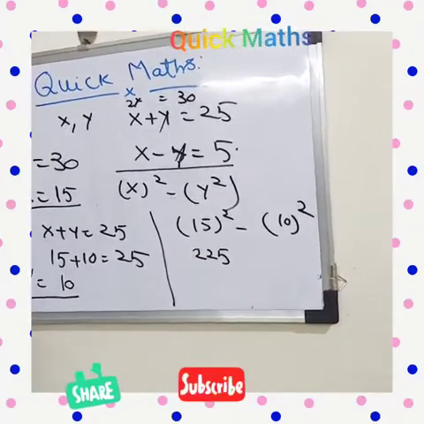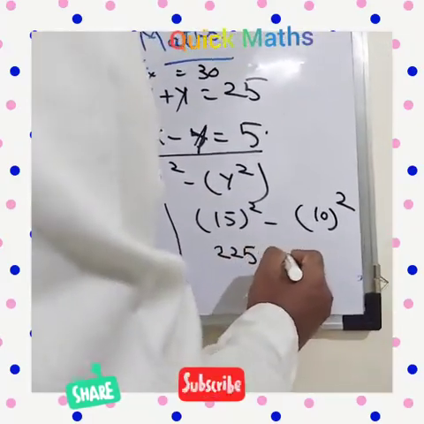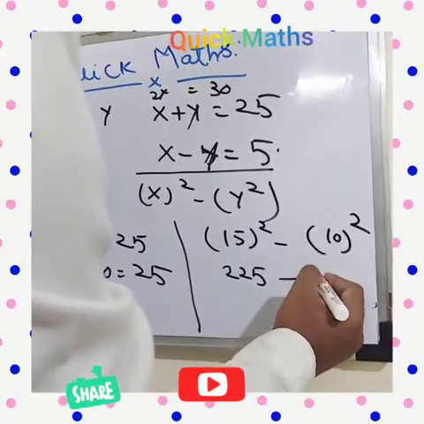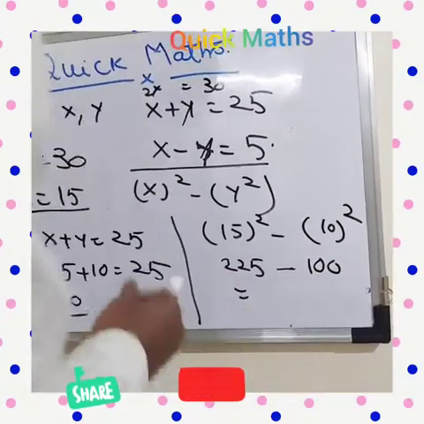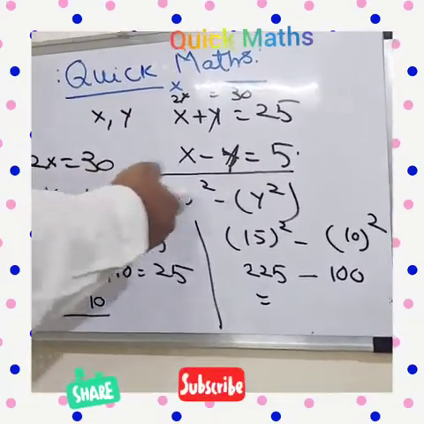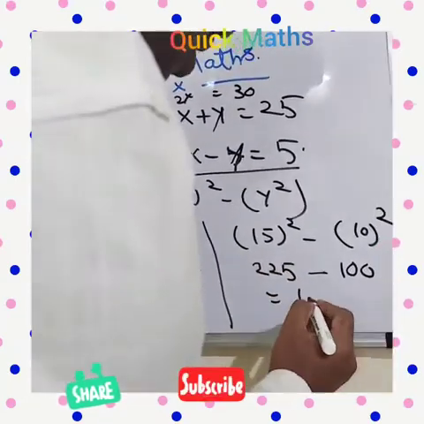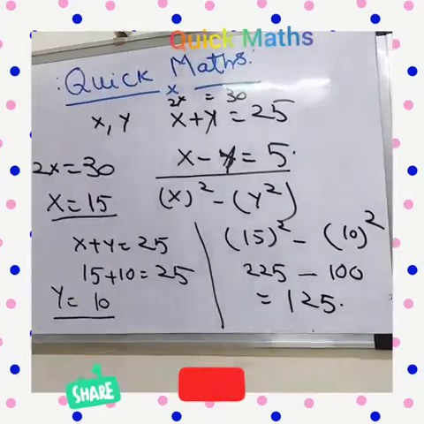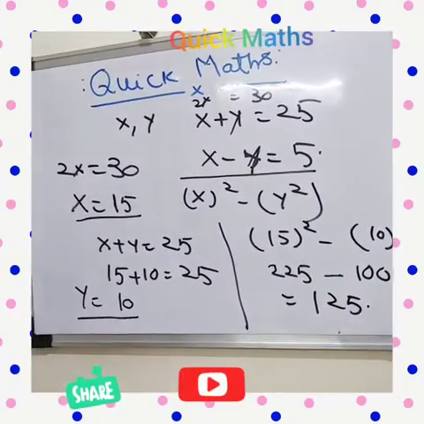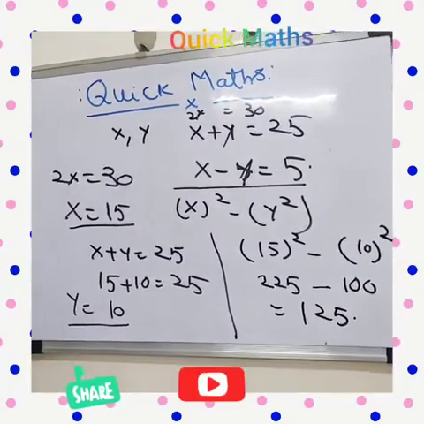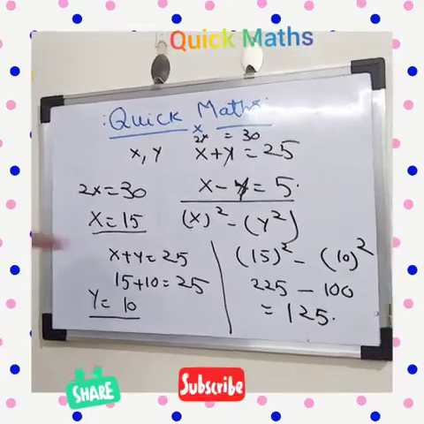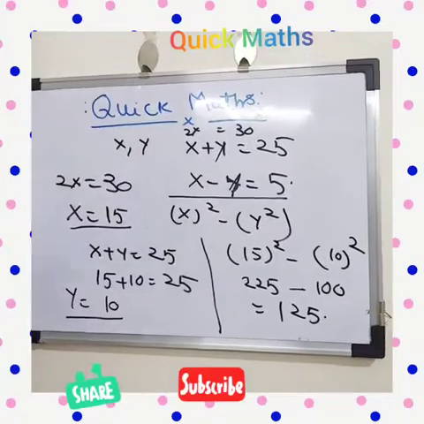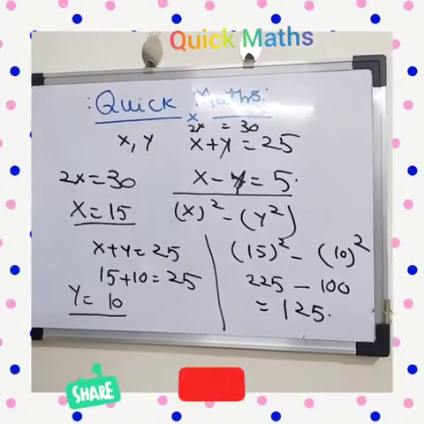And 10 times 10 is 100. So the difference of the squares of these unknown numbers is 125. This is the way you can apply the quick logic and solve the problem in the easiest way. First, you find either x or y, then you find the values of x square and y square, and then you do the subtraction.